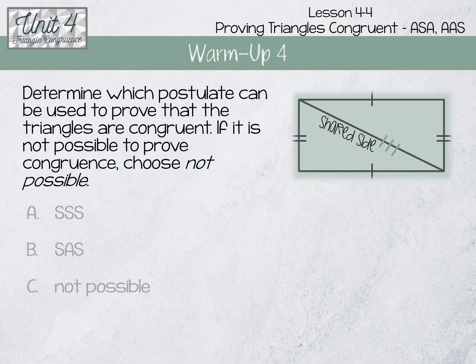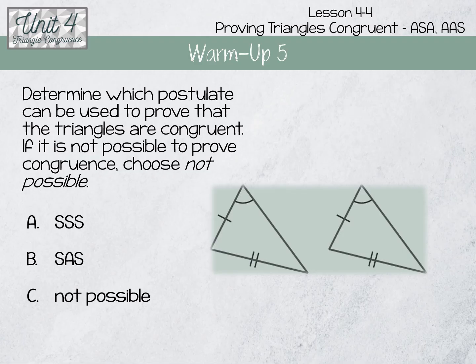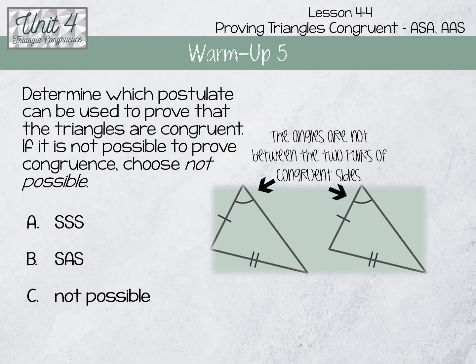Shared side, always congruent. SSS. Let's see. No more information. It can't be SSS because we don't have all three pairs of sides. SAS, the angle's not in between the sides. So it's got to be C.